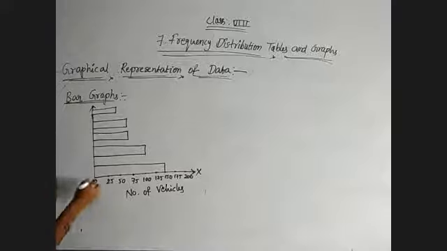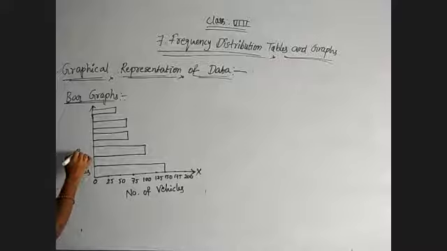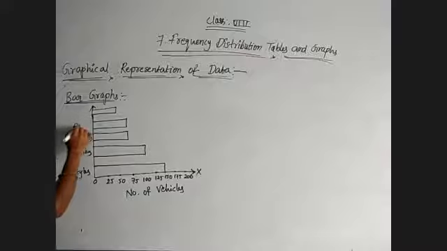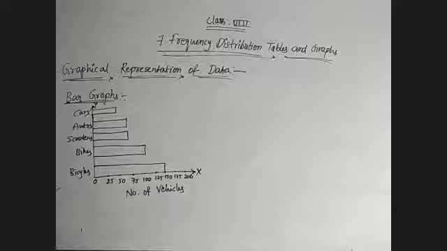The first bar represents bicycles, the second bar is for bikes, the third one is scooters, the fourth one is for autos, and the fifth one is for cars.